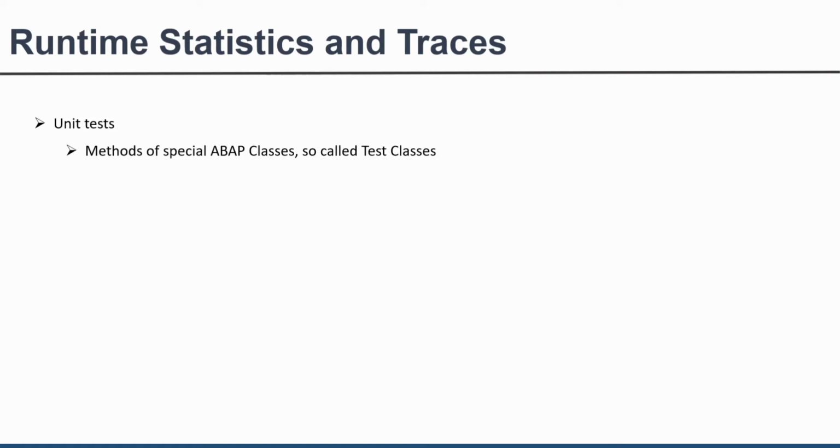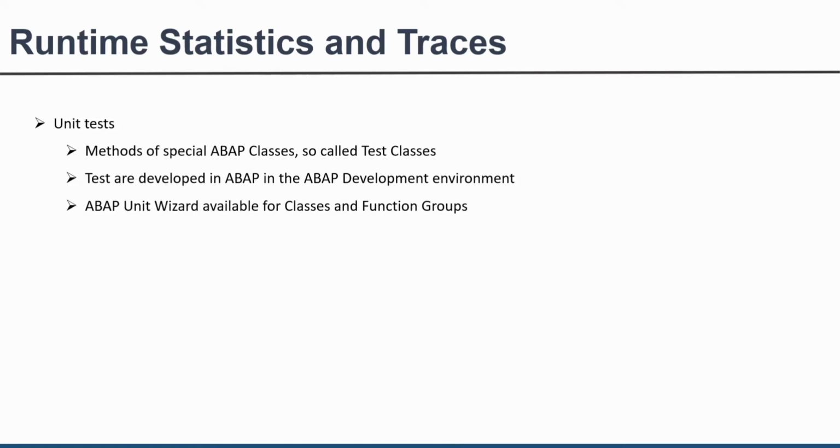These are special classes, also called test classes. These are developed in ABAP in the ABAP development environment, and SAP provides wizards to create these ABAP unit test classes for ABAP classes and function groups, and it can be implemented in the test development.